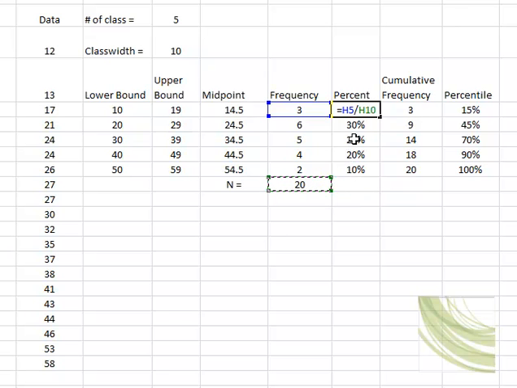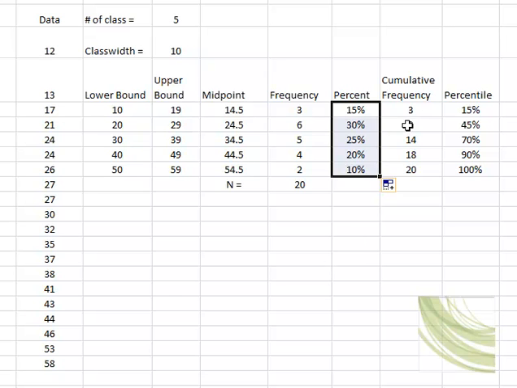Now with this Excel skill, we want total frequency as a constant. So we put a $ sign between H and 10. So in this case, the 20 becomes a constant. So now we can copy the formula. So we have that percent.